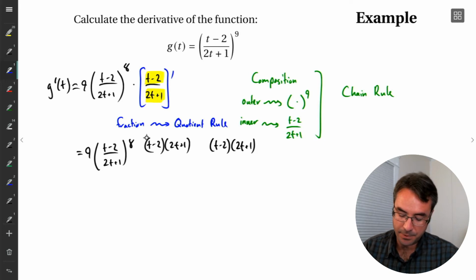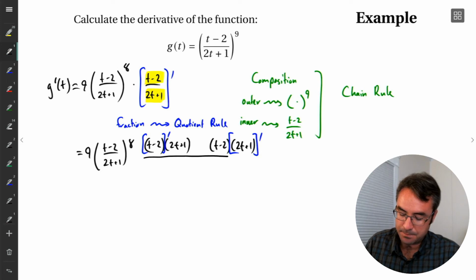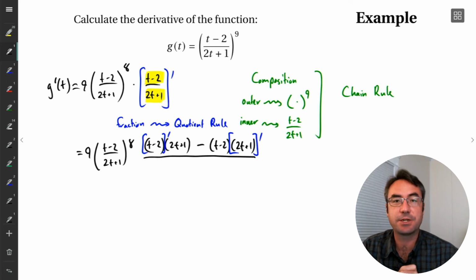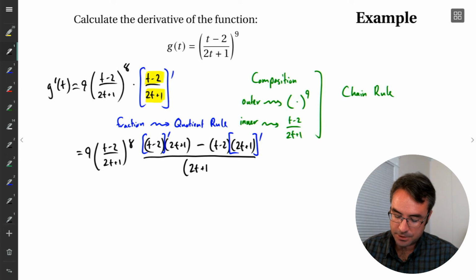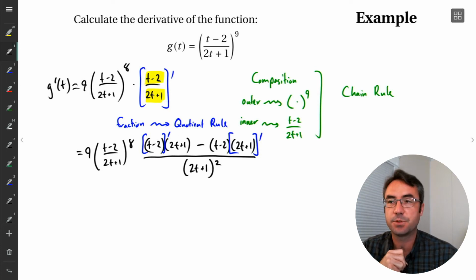In the first copy, we apply the derivative to the first part. In the second copy, we apply the derivative to the second part. And then we put subtraction in the middle. So it starts off like the product rule, but then we put a minus sign in the middle. And then we take our original denominator, which was 2t plus 1, and we square it. So we have 2t plus 1 squared now in our fraction.